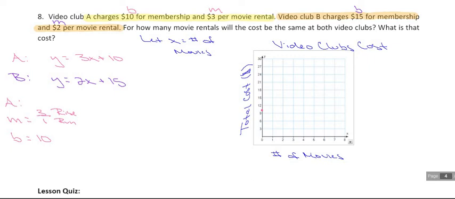If I'm rising 3, I start at 10, I'm going to be up to 13 and run 1. Add 3, I'm up to 16, add 1. Add 3, I'm up to 19, add 1. Add 3, I'm up to 22, run 1. Add 3, I'm up to 25, run 1. Add 3, I'm up to 28, run 1.